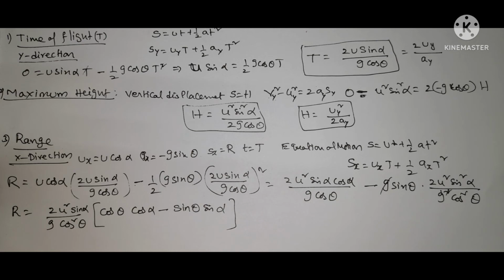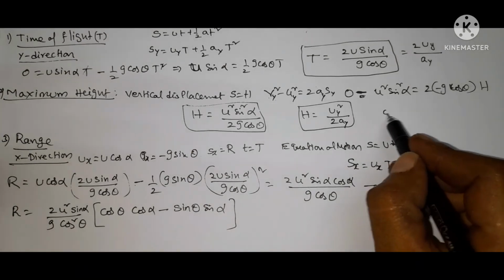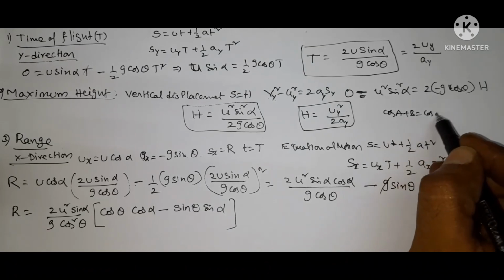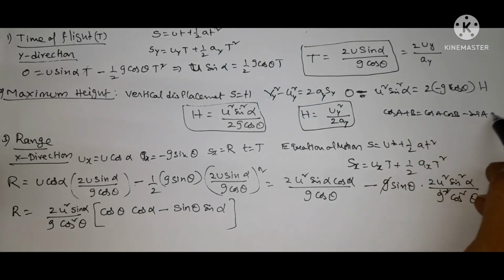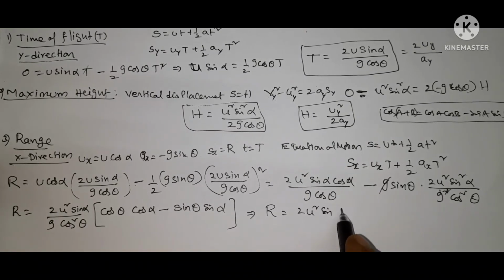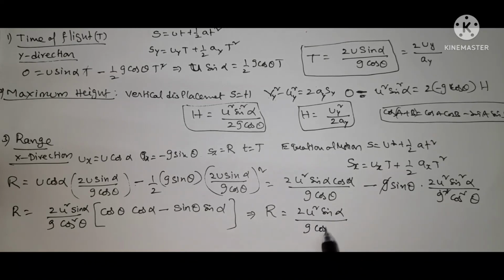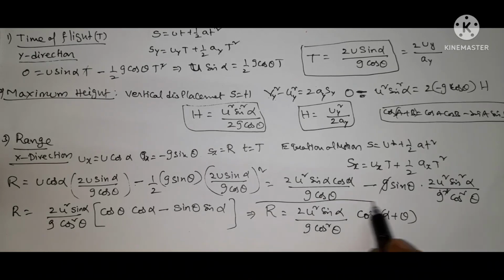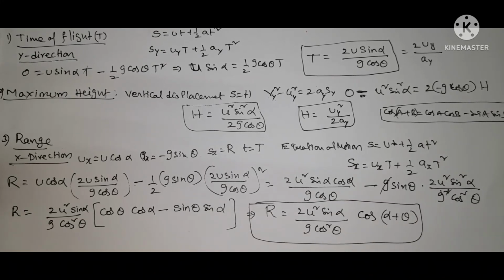The formula for this is cos A plus B, which is equal to cos A cos B minus sin A sin B. This is the formula you have to remember. Now in place of this you can put R is equal to 2u square sin alpha by g cos square theta into cos alpha plus theta. That's it. This is the derivation for the range in the case of an inclined plane in projectile motion.